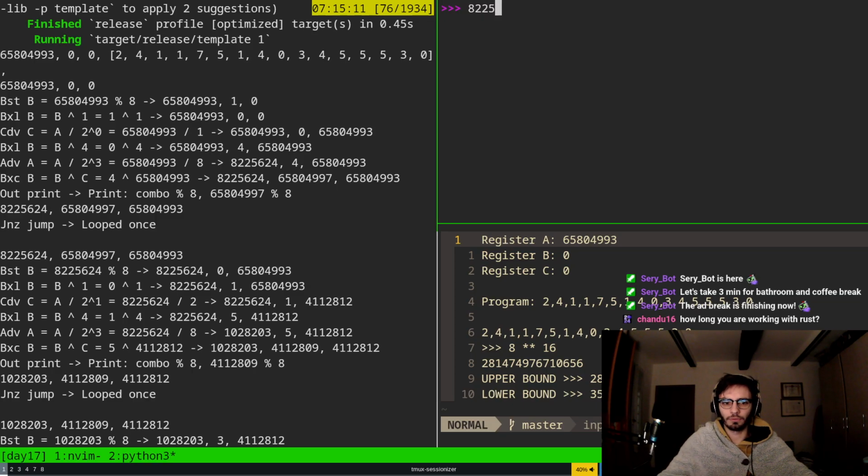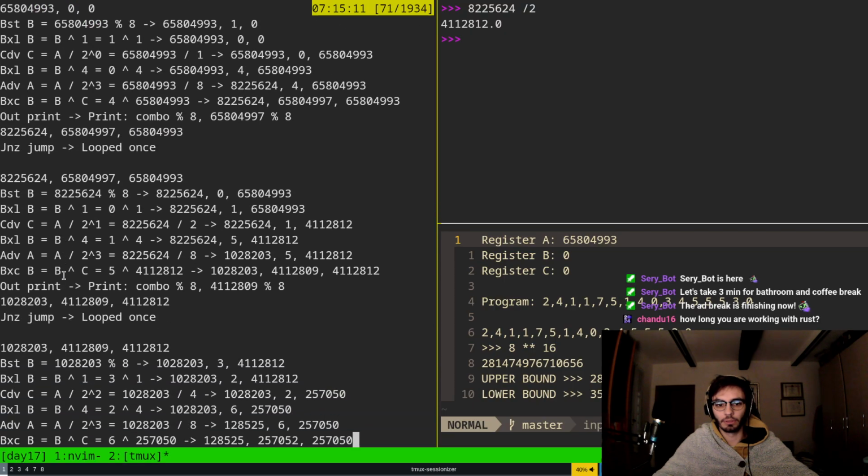Well, 8225624 divided by 2. That's 4112812. So this was 4 short. This is 3 short. And this is C, by the way. This is half of C. Let's keep it going.